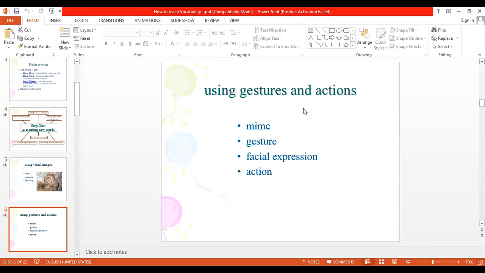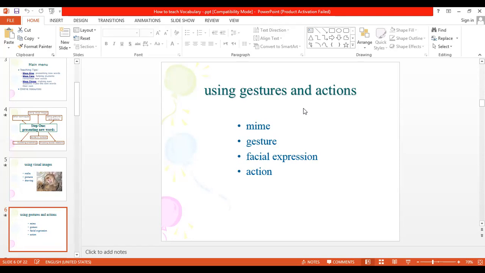Actually, concerning miming, it's as if you are pronouncing the words, but without giving voice to it, and they are looking at the lips while you are trying to utter that word without voice, and then they remember it. Facial expression is, for example, frowning, making lines on your forehead, or expressing that you are unhappy with something, using the face in order to express different feelings.